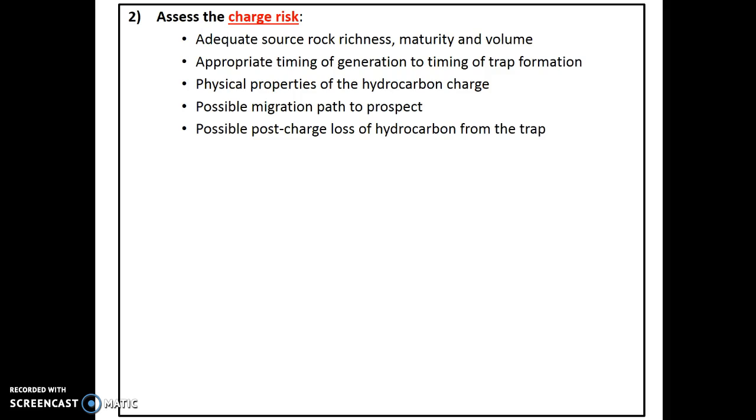By basin modeling also, we can assess the physical properties of the hydrocarbon charge, and then the possible migration path to the prospect by 2D and 3D modeling, and possible post-charge loss of hydrocarbon from the trap. Again, 2D and 3D modeling.